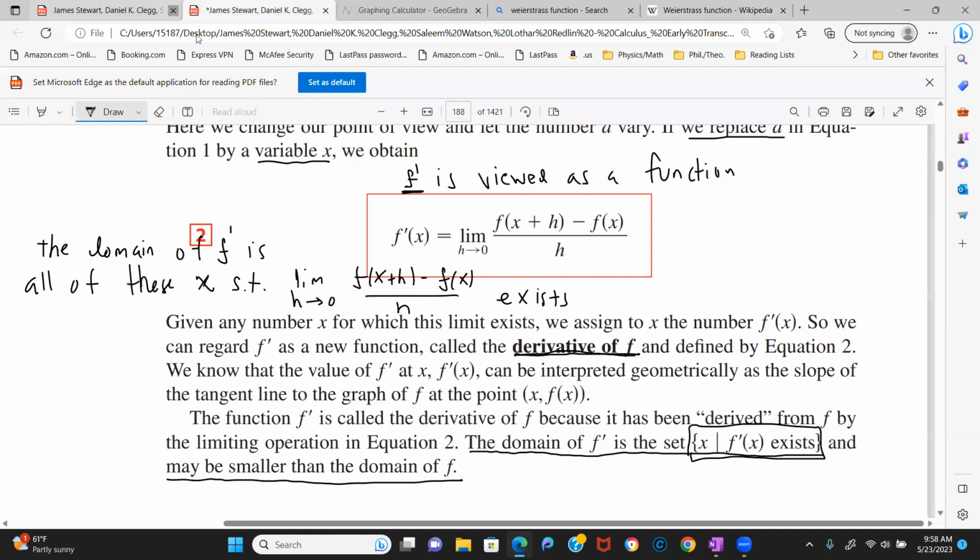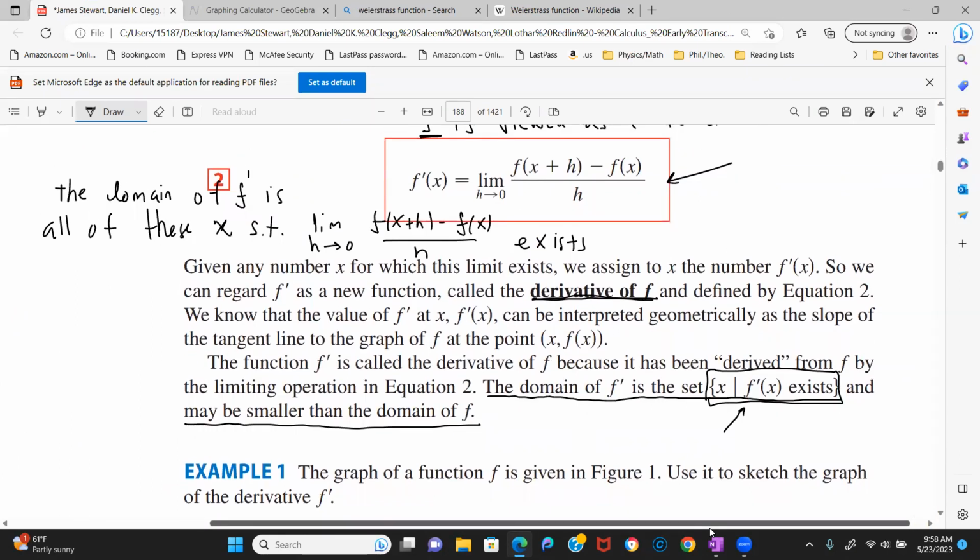All right, so back to the text. That would be the Weierstrass function, an example where this set right here is empty. There are no points where the derivative exists. There are no points where this limit exists.